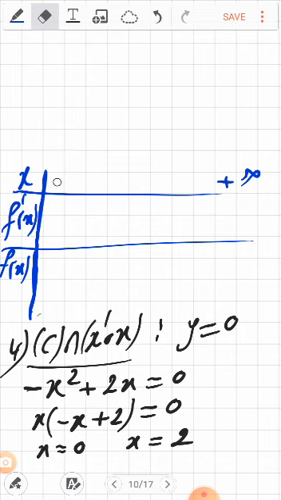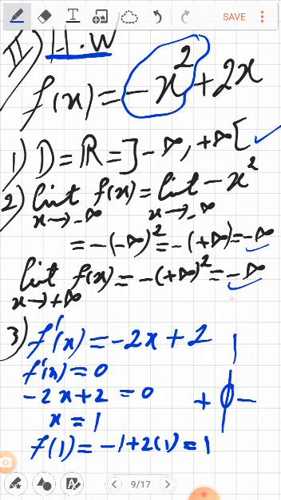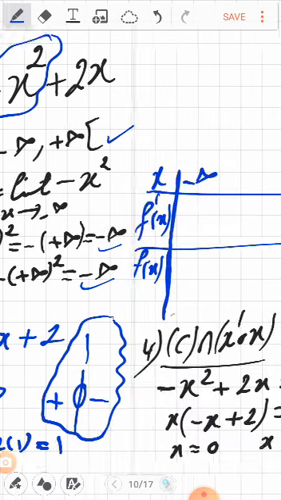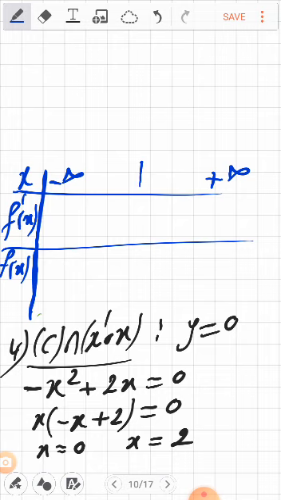The table of variations is x, f prime, f. Here we set minus infinity to plus infinity, the domain, and we set this. Okay, 1 also, 1, 0 here, plus minus.